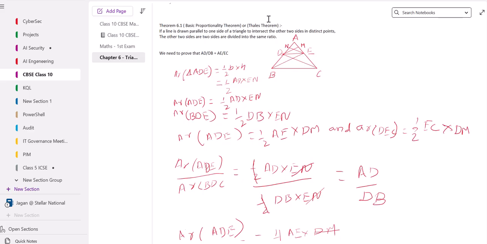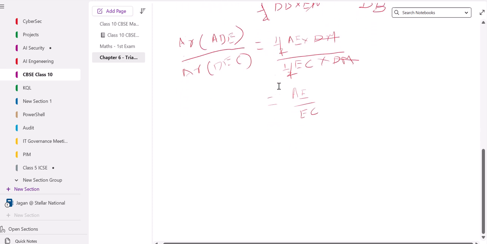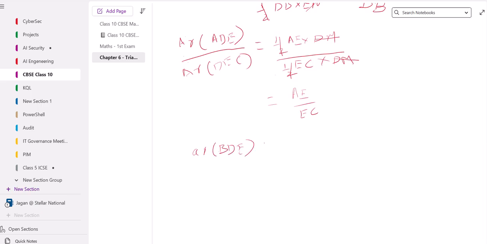So now with this one we can write area of BDE equal to area of DEC.